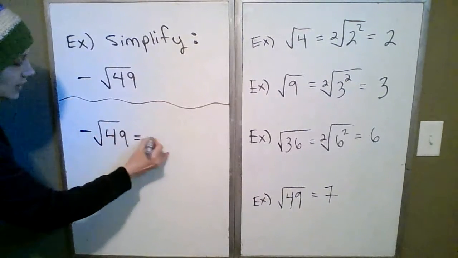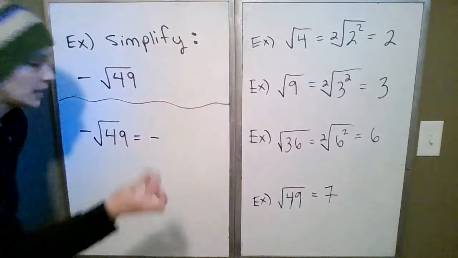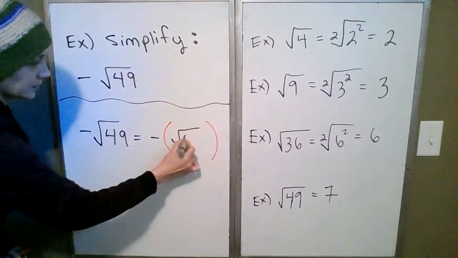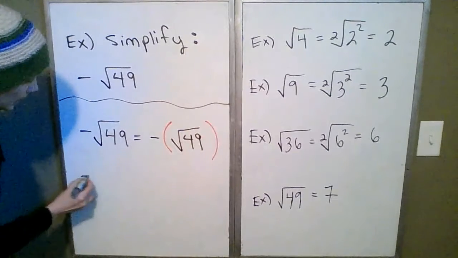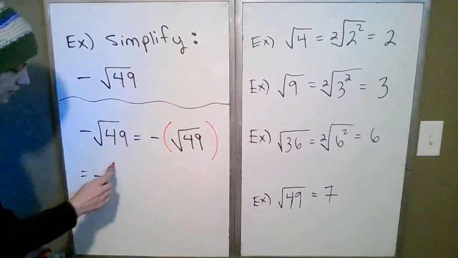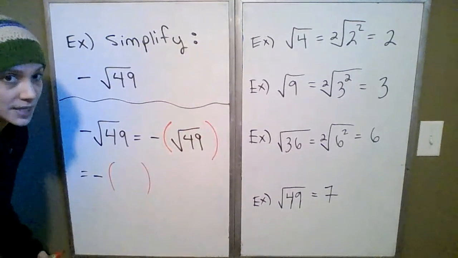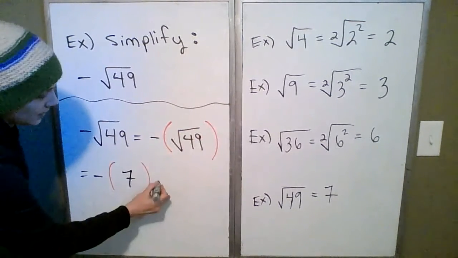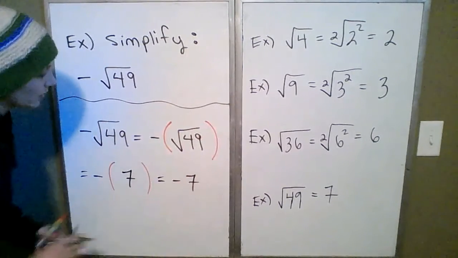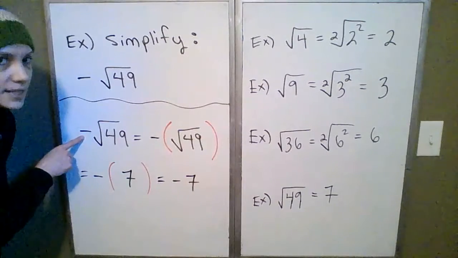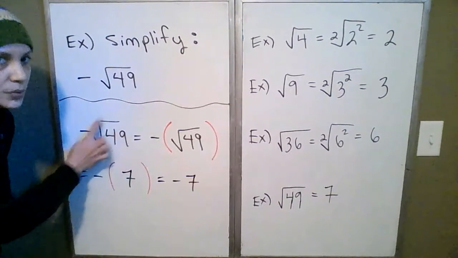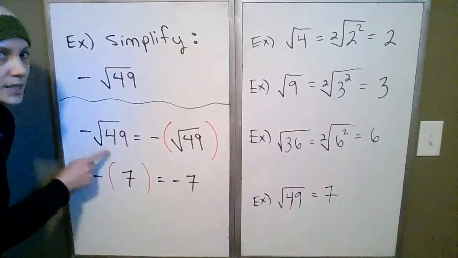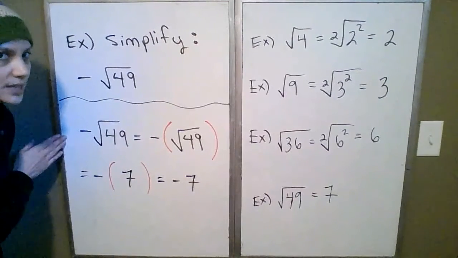Negative of whatever the root of 49 is. So negative of positive 7. So you will get negative 7. That is from the negative sign sitting out front. It has nothing to do with the actual root part. The root is a positive number, and then apply that negative symbol that was given to you.